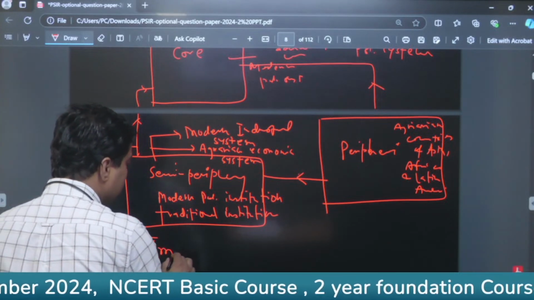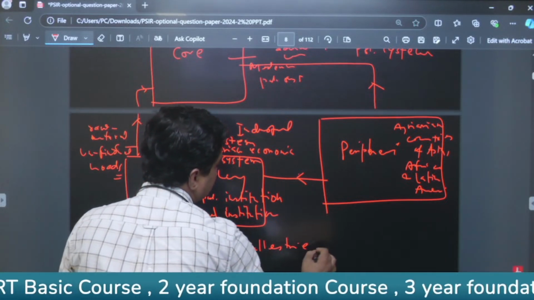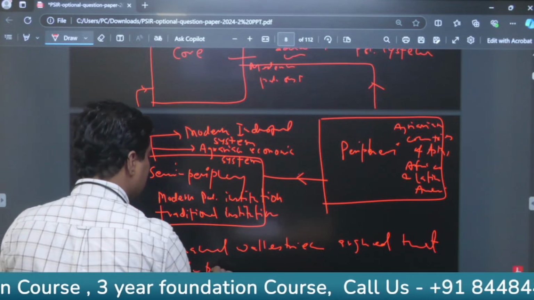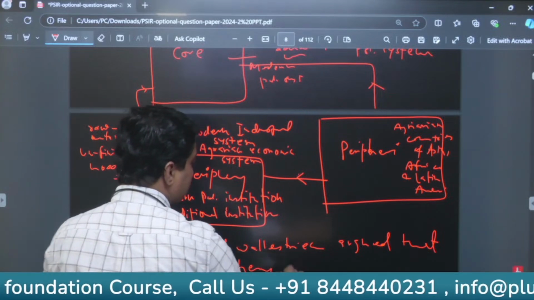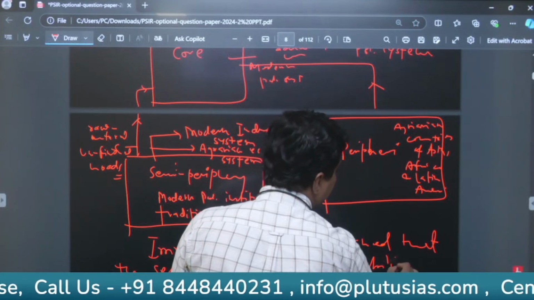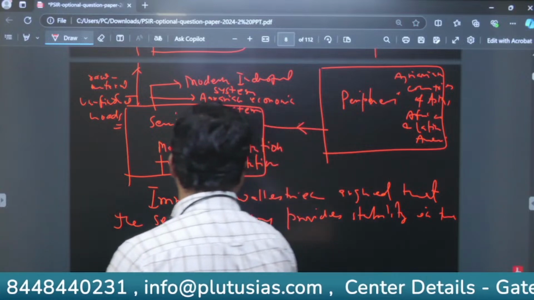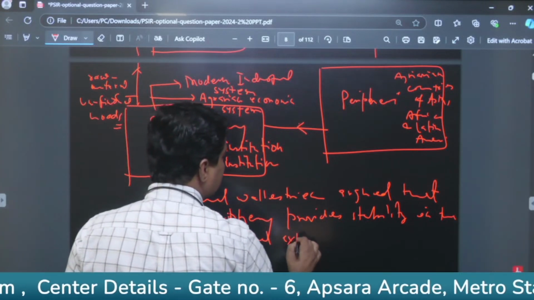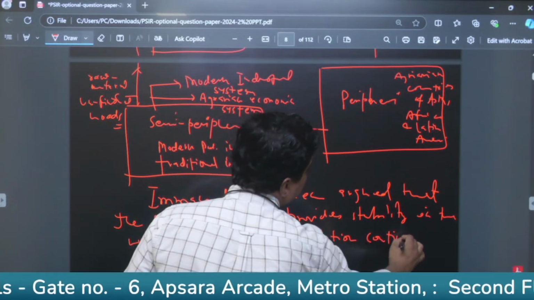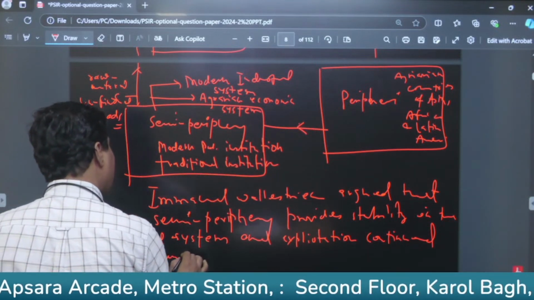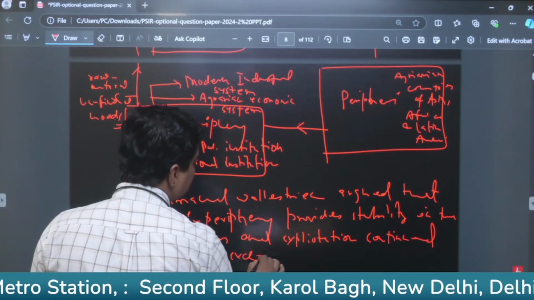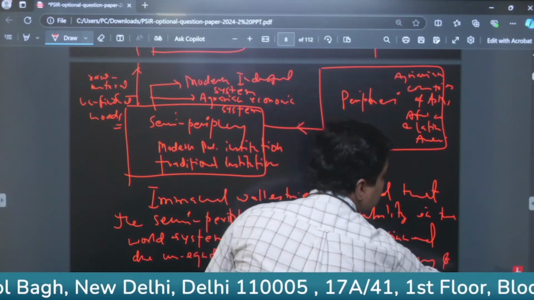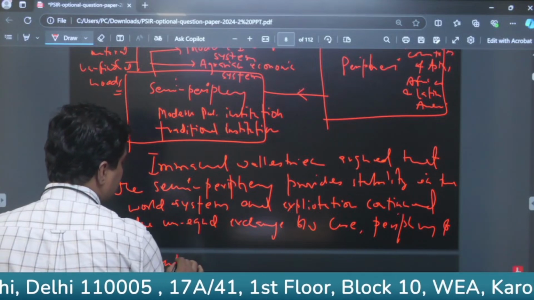So Immanuel Wallerstein argued that the semi-periphery provides stability in the world system, and exploitation continued due to unequal exchange between core, periphery and semi-periphery.